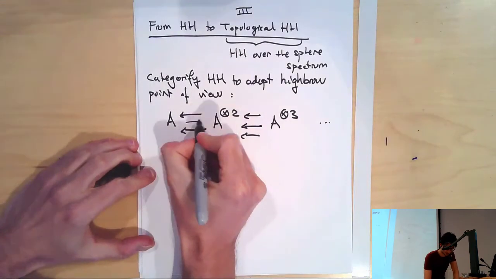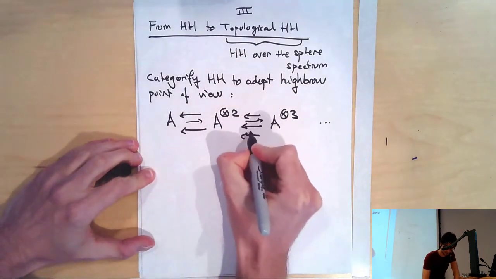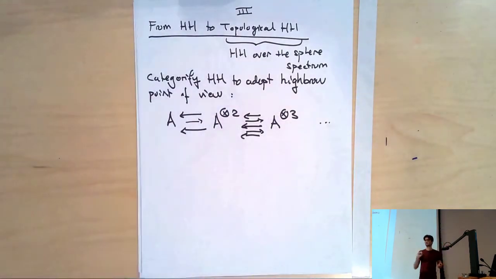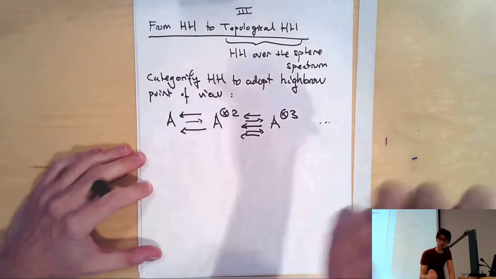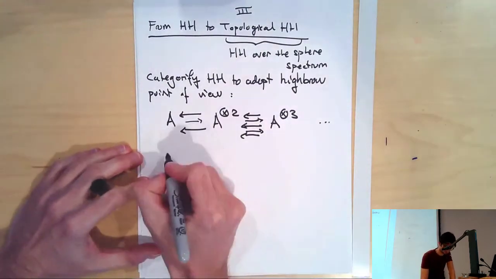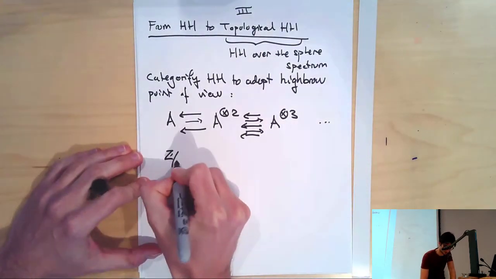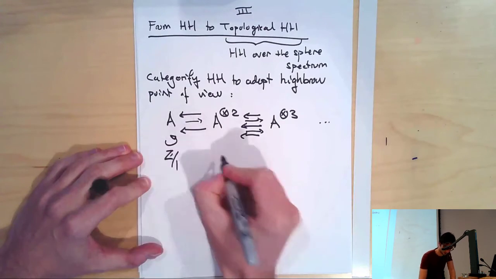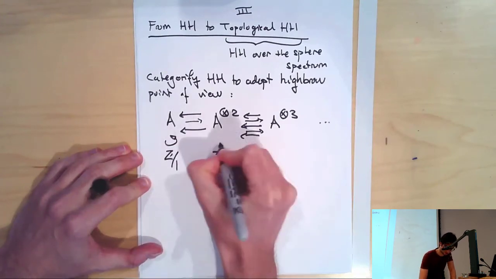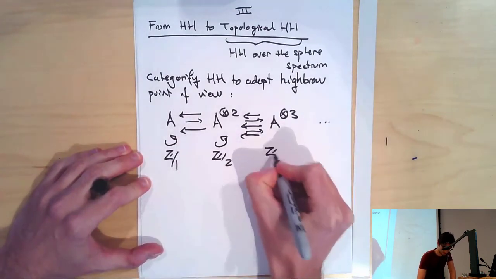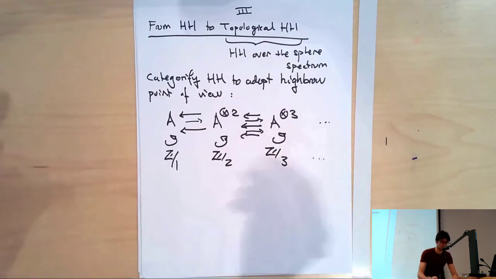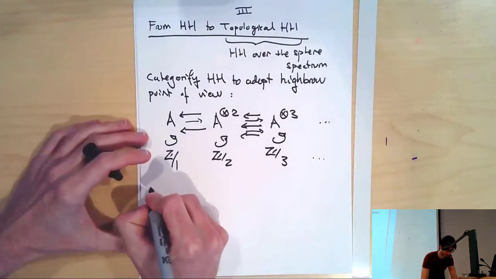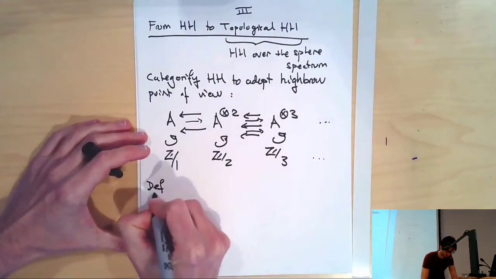And similarly, I've got some maps going up in the other direction by inserting ones. That gives this thing a structure of a simplicial K-module, and we were looking at the related Dold-Kan complex before. And then we had an action of Z mod 1 here, Z mod 2 here, Z mod 3 here, and so on. So let's, as I say, categorify what's going on here.